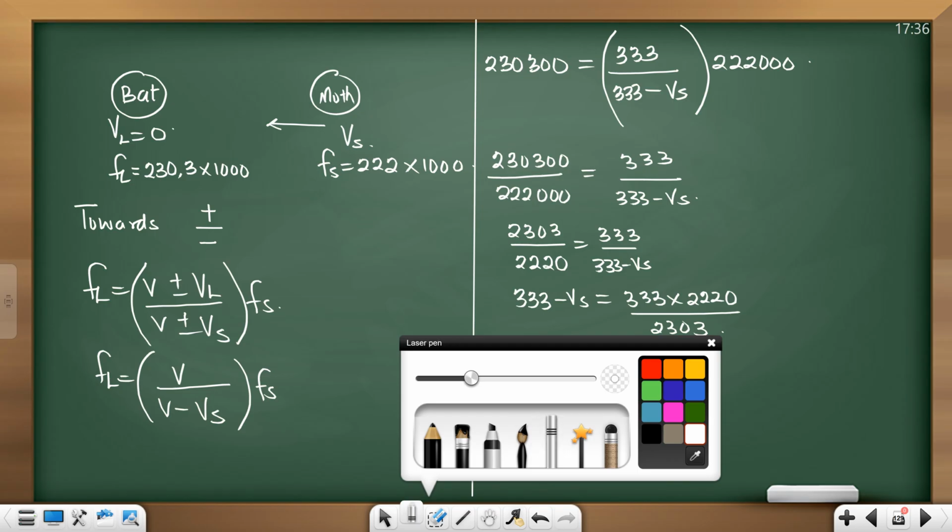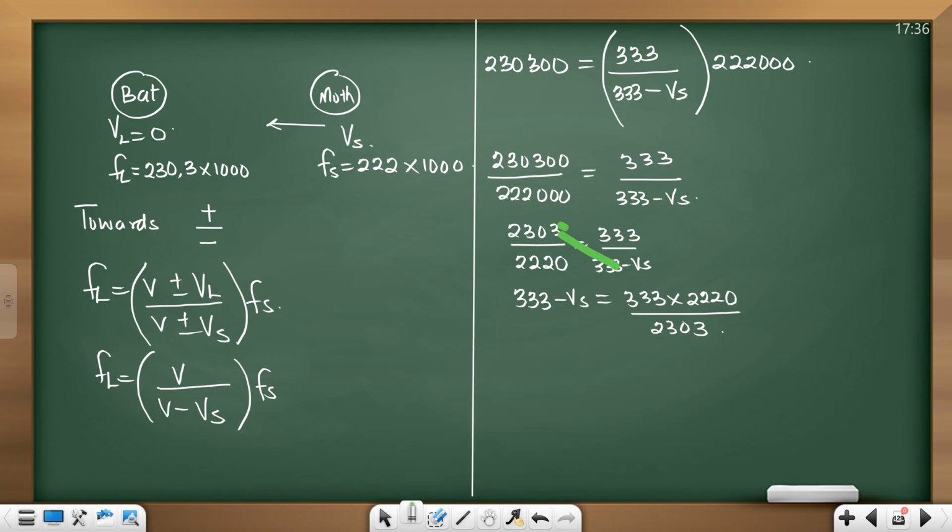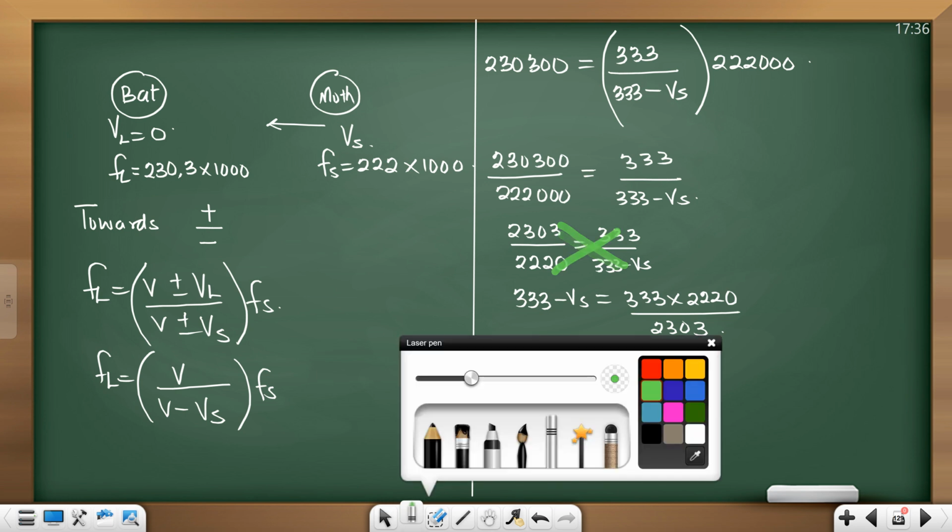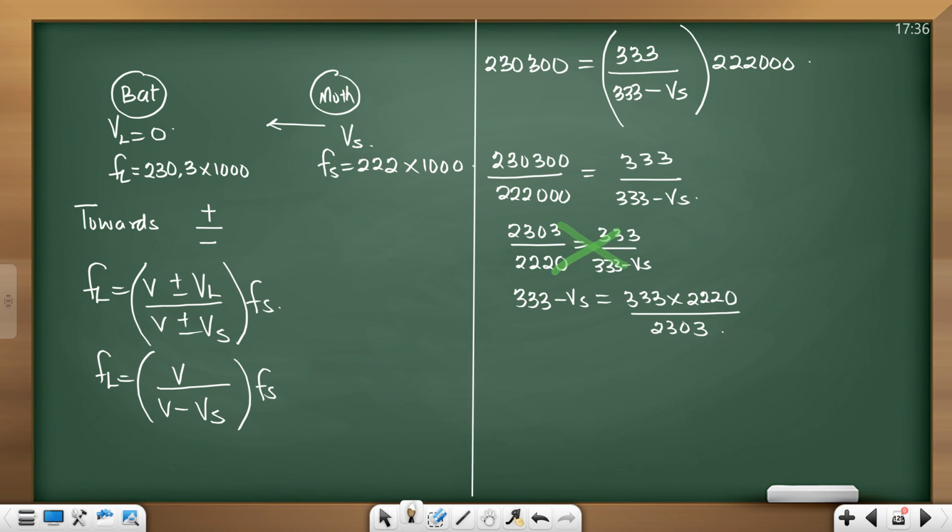For me, I just switch these two and then cross multiply that. Don't worry, it gives the same. Then VS equals 333 minus this entire thing.